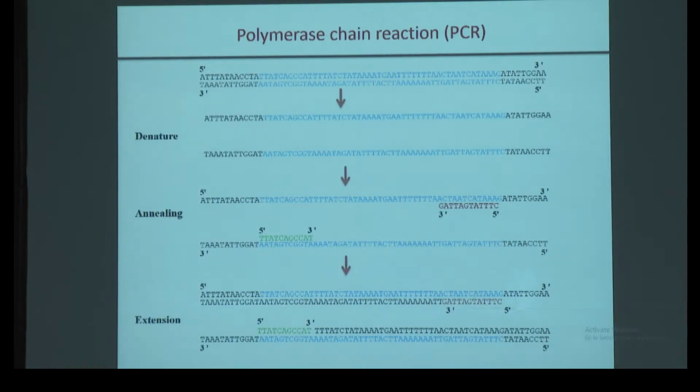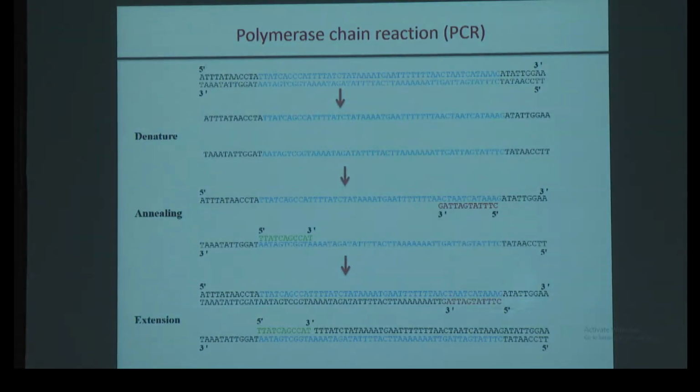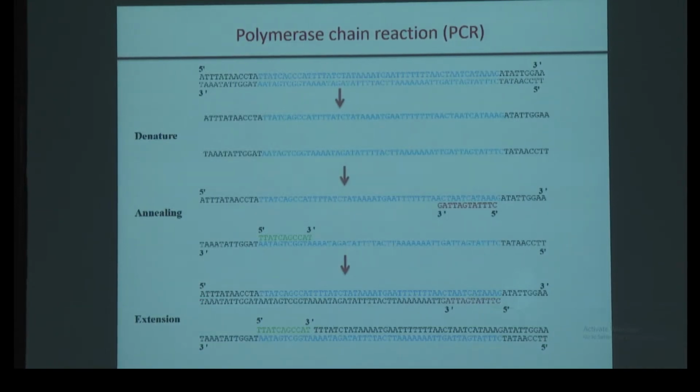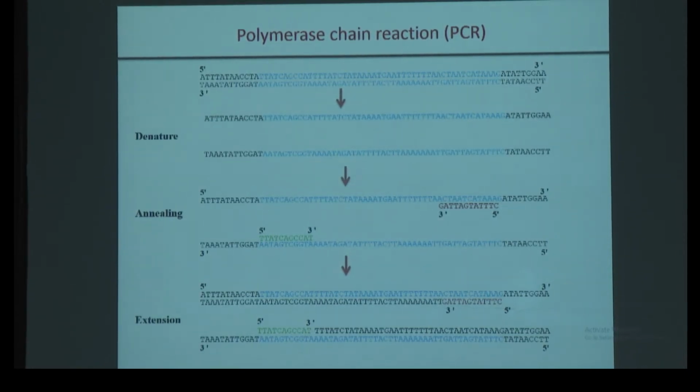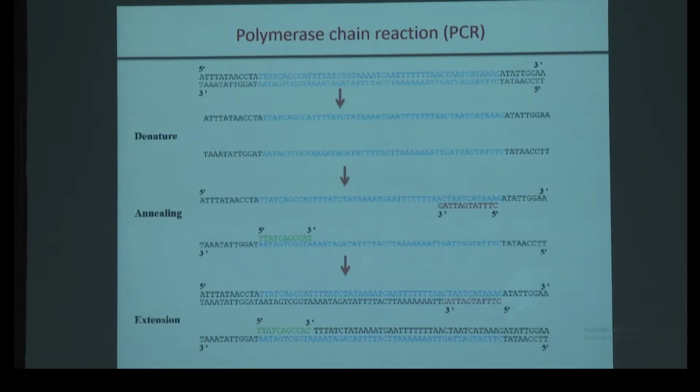But when this strand is synthesized, there is no one to stop it here. Who is stopping? No one. So it will keep on synthesizing. It depends on the ability of the enzyme, what is the speed of the enzyme, and how much time you are giving for these reactions. So we are not getting a specific product.